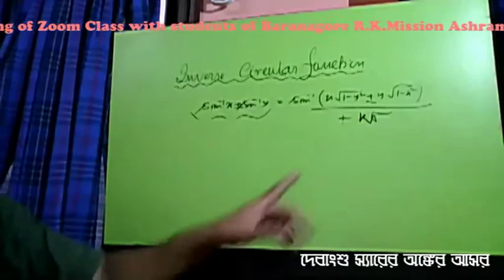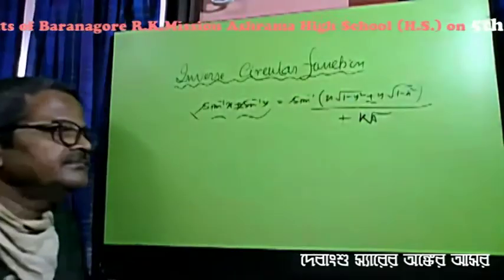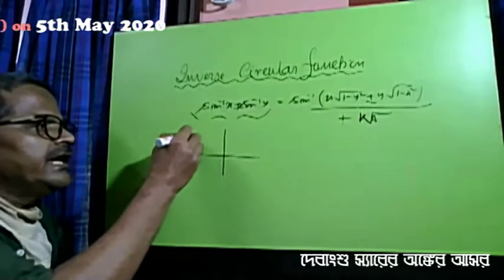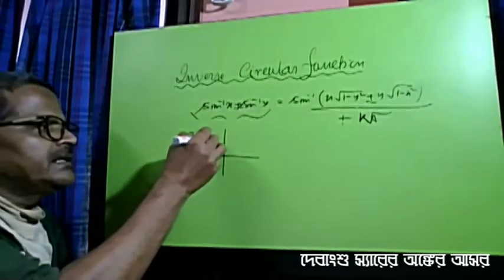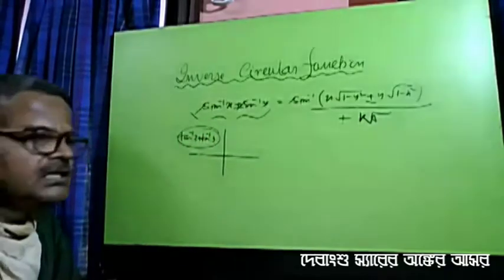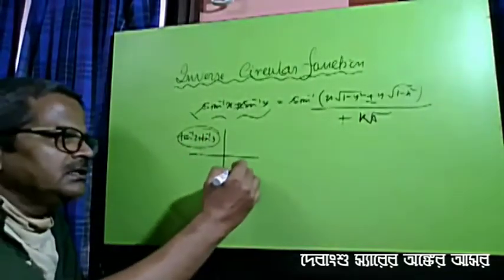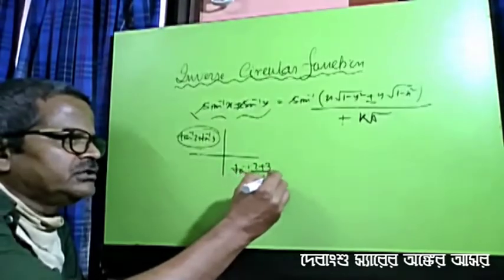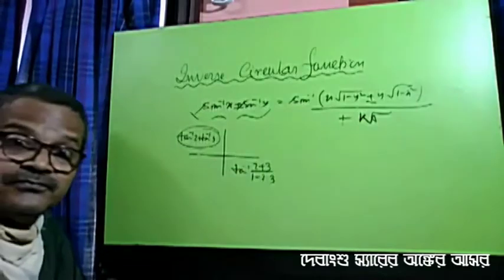Now see, how could we adjust this? For example, tan inverse 2 plus tan inverse 3 lies in the second quadrant. But our formula, tan inverse of (2 plus 3) by (1 minus 2 into 3), gives an answer in the fourth quadrant.